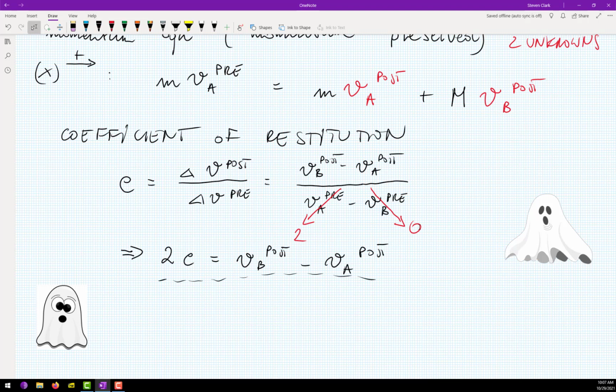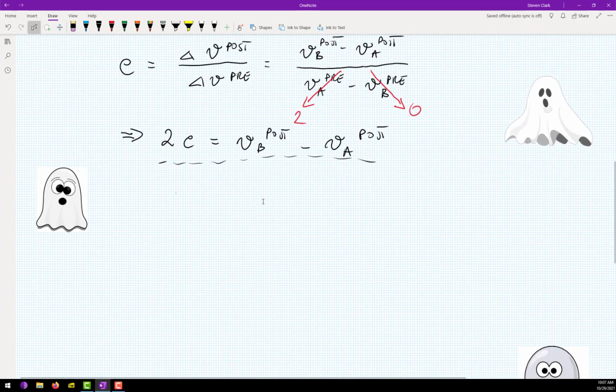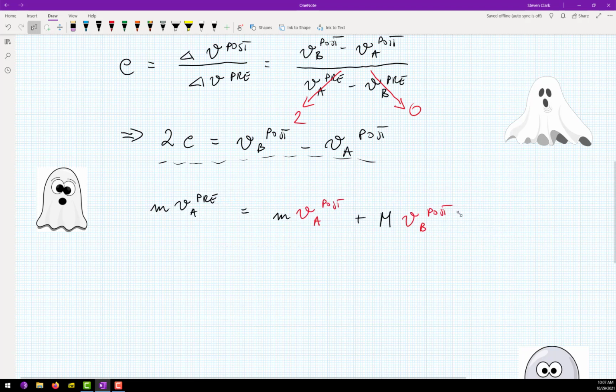Okay, so let's just summarize. Let's take this equation and copy it here. I'm also going to copy this other equation, and this one is with minus.